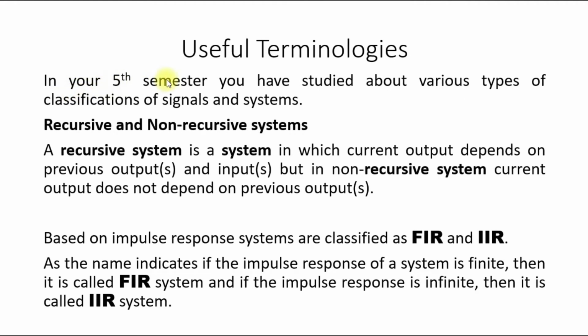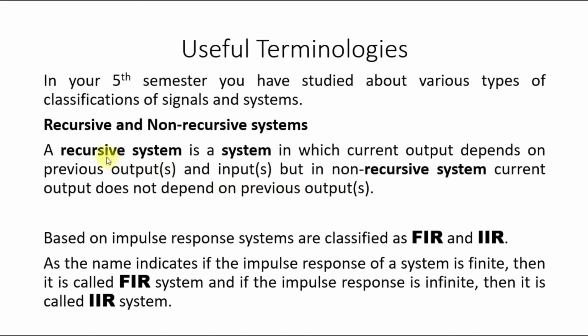In your fifth semester, you have studied various classifications of signals and systems. Accordingly, a system can be classified as recursive and non-recursive. A recursive system is a system in which the current output depends on previous outputs and inputs, but in a non-recursive system, the current output does not depend on previous outputs.